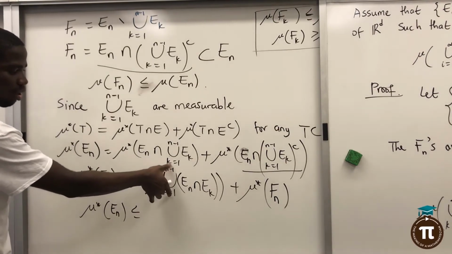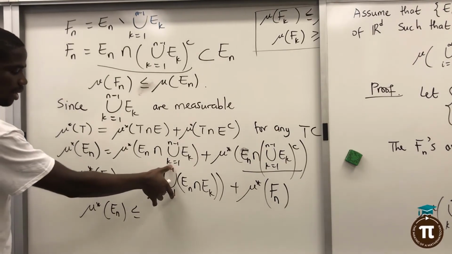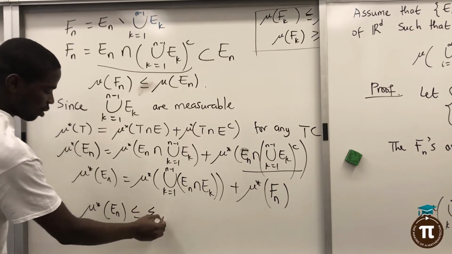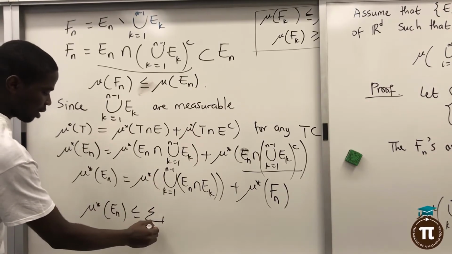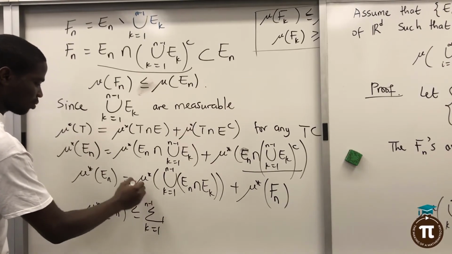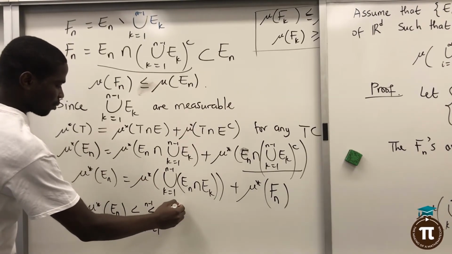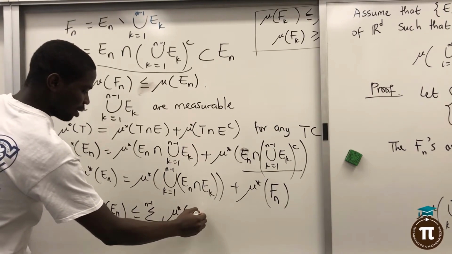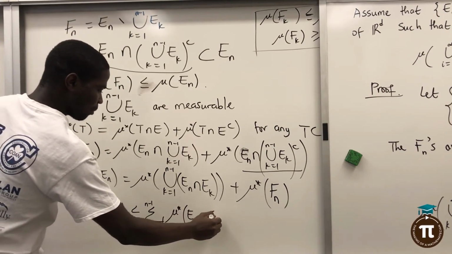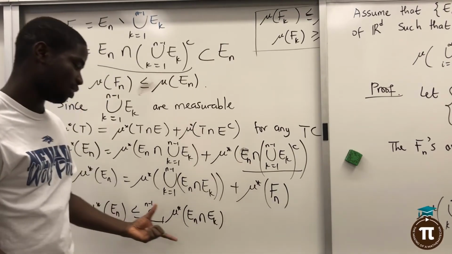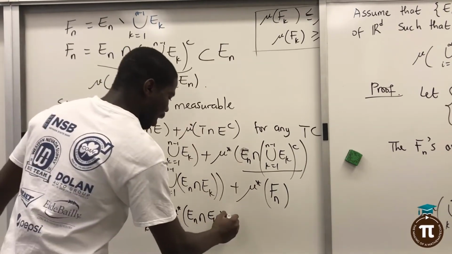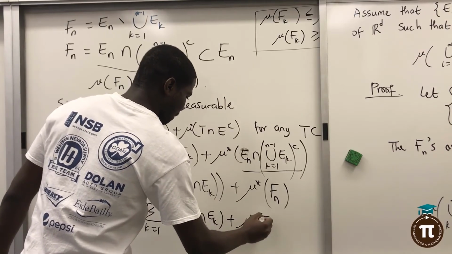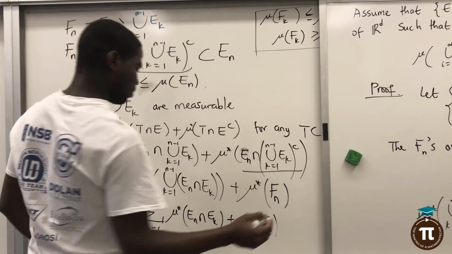By the time this union comes out, it becomes less or equal to the summation, k from 1 to n minus 1, of the outer measure of E_n intersection E_k. This is just the property of the outer measure, plus the outer measure of F_n. That is what we have.